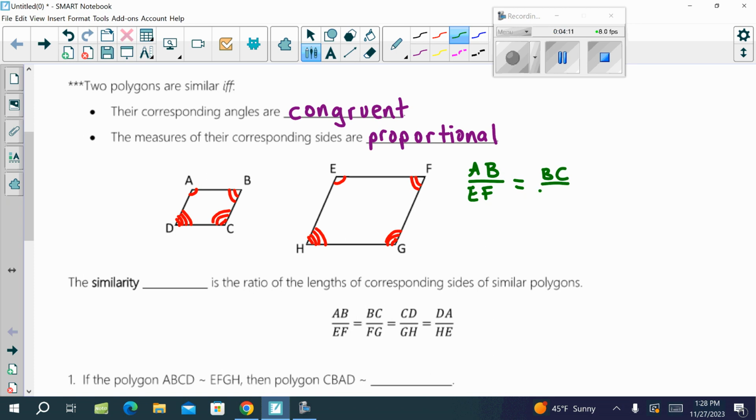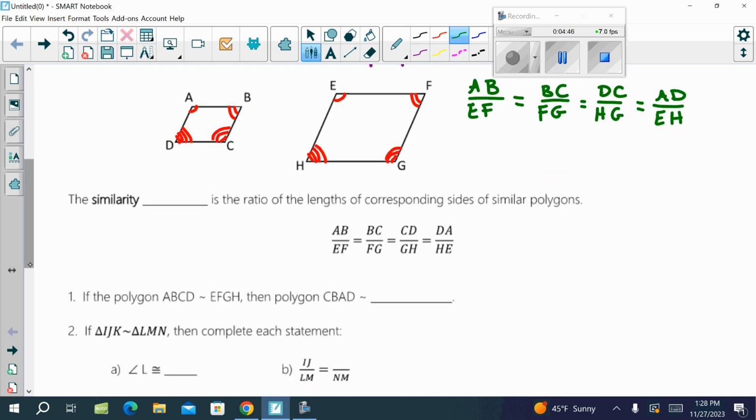FG. And then if I said DC, what's its corresponding side? HG. And then last side, AD. EH. So the corresponding sides get put into fractions, and then each fraction has to be equal to each other. That's what it means to be proportional. Got it? Okay.